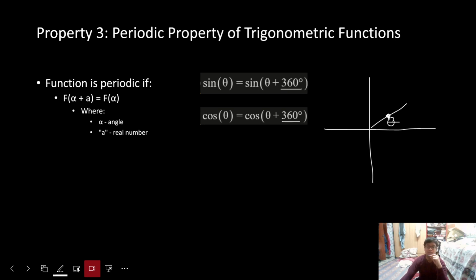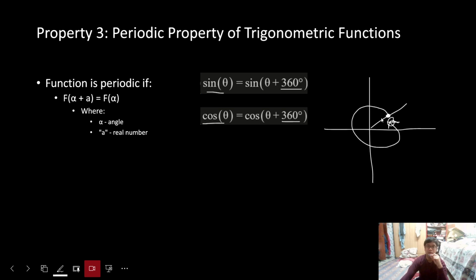If we have this given angle and you add 360 degrees, you're going to revolve or rotate once more because you add 360 degrees, right? So as you can see, they're in the same place. So it basically explains the periodic property of sine and cosine.